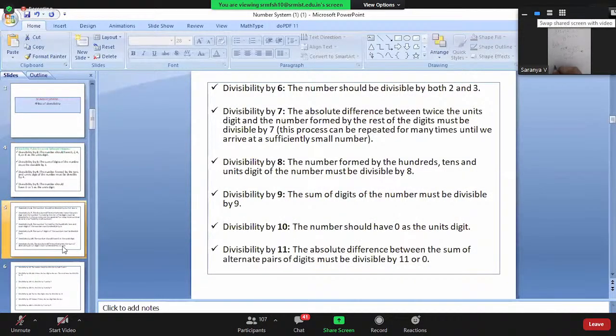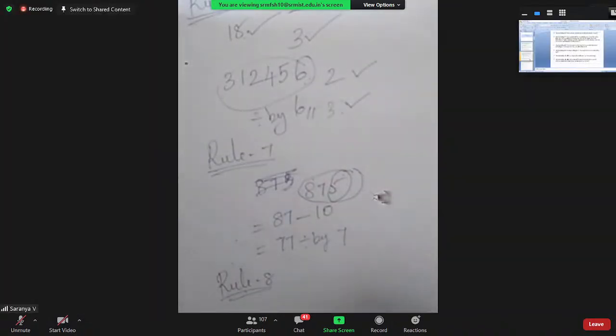And you know already the rule of 8. What is the rule of 8?